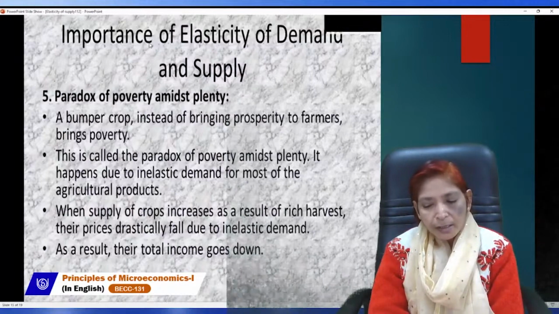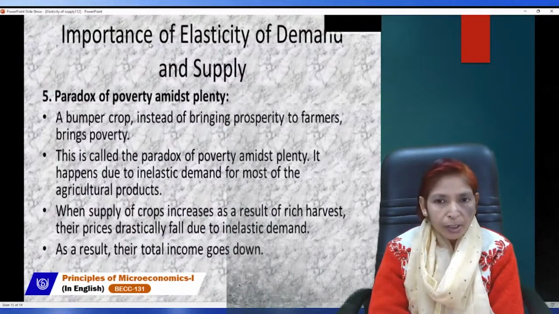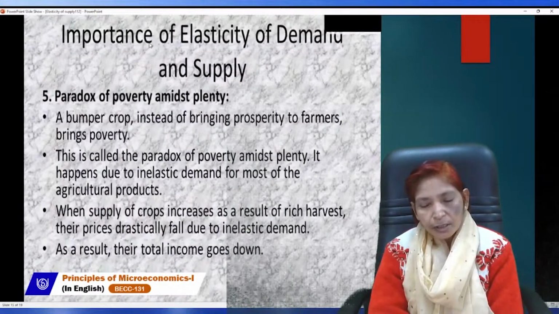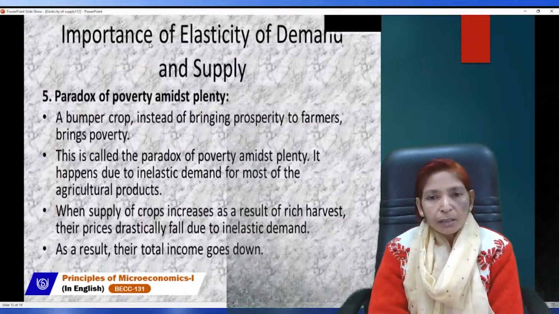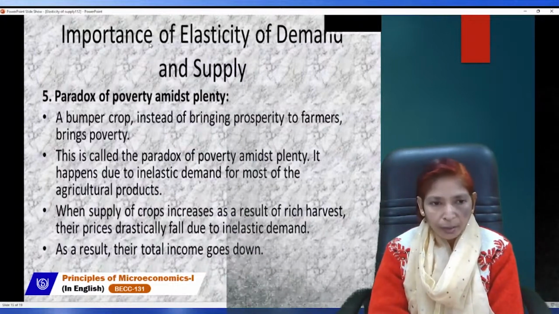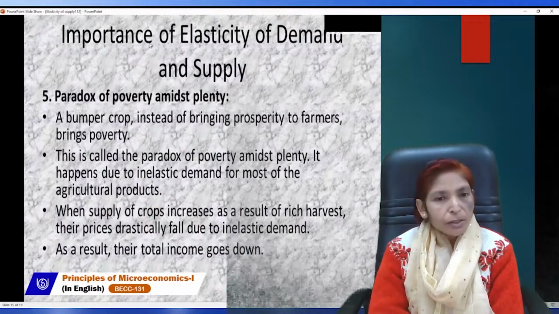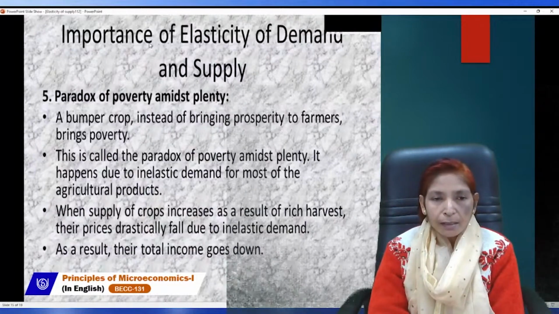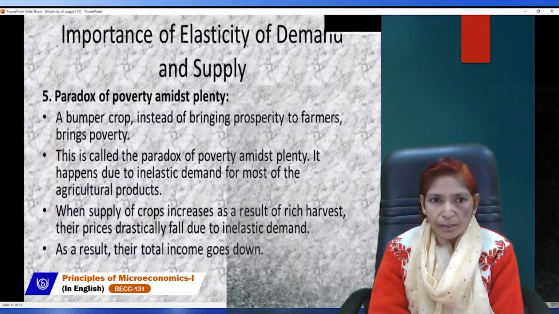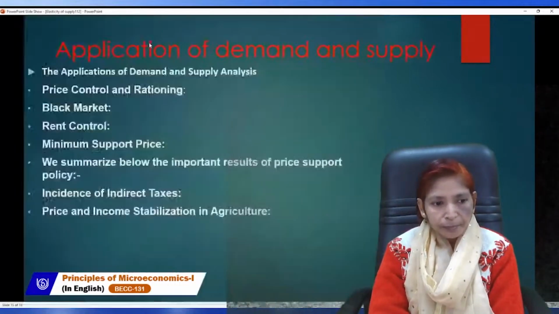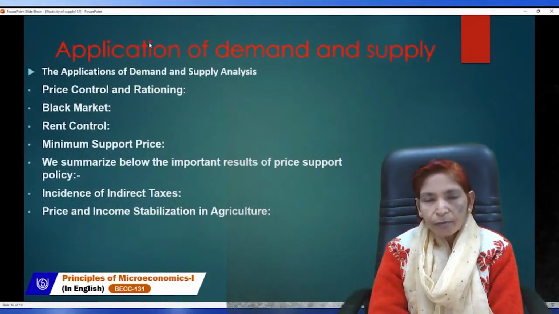So in all cases, in case of bumper production or less production, the farmer's condition remains poor. This is called the paradox of poverty amidst plenty, and it also shows the importance of elasticity of demand and supply. Next is application of demand and supply.